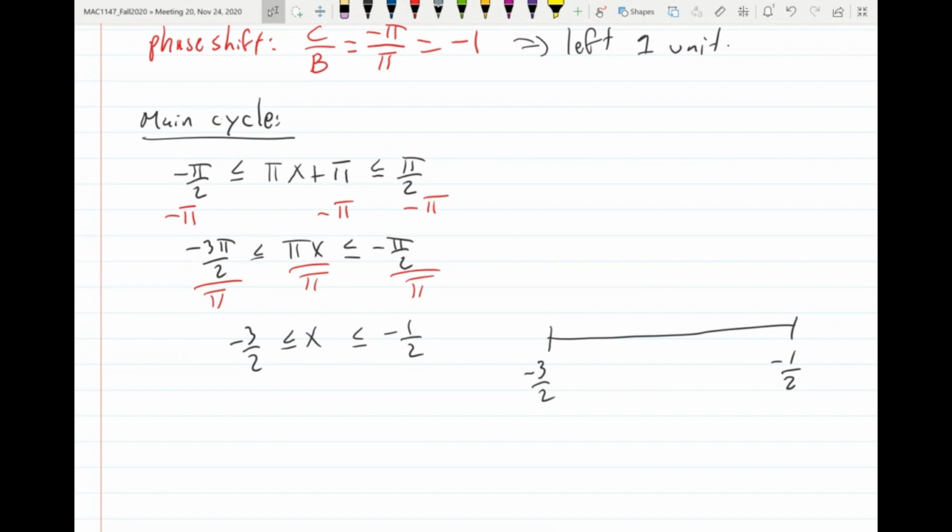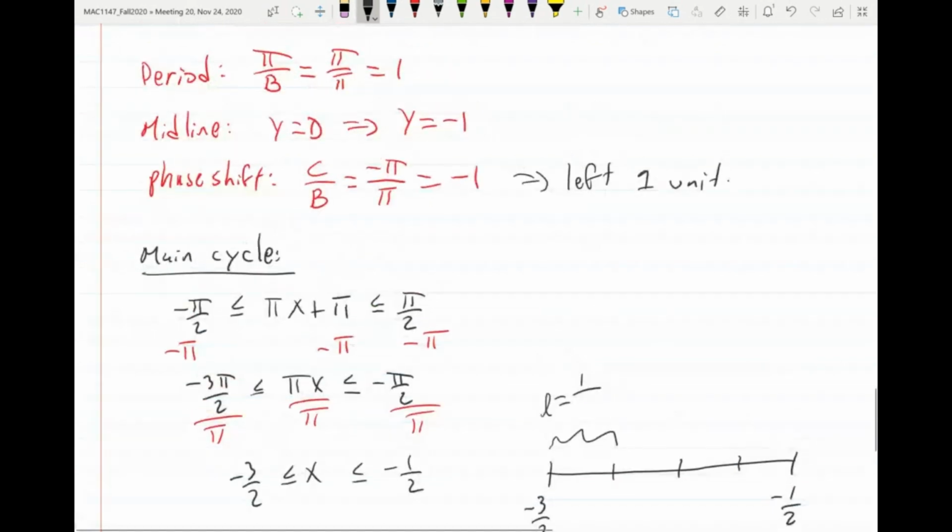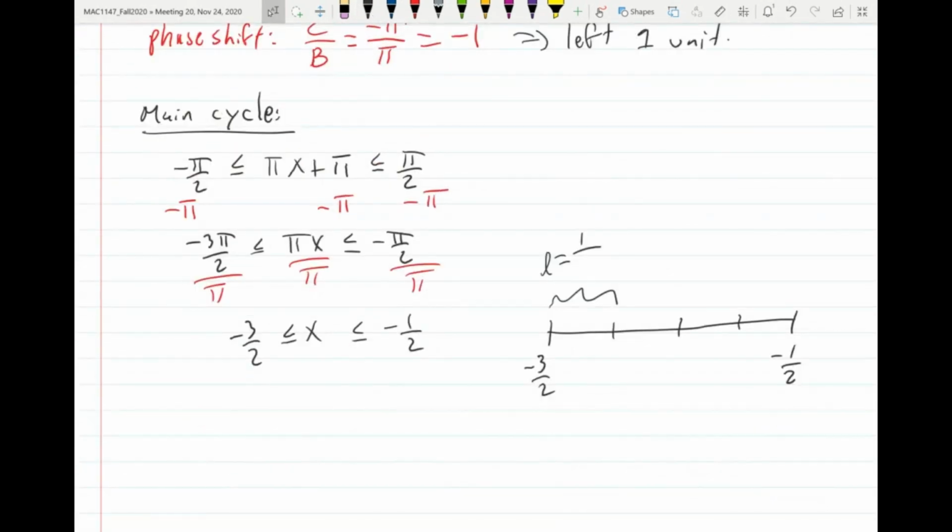So as usual, remember we're going to have 4 pieces, okay? So split into 4 equal pieces, and then the rest is exactly the same. So the length L is going to be the period over 4, because we're dividing it into 4 little pieces. So the length is going to be 1 over 4. Remember, that's the length of the cycle divided by 4. So we get a period of 1, so that's a quarter.